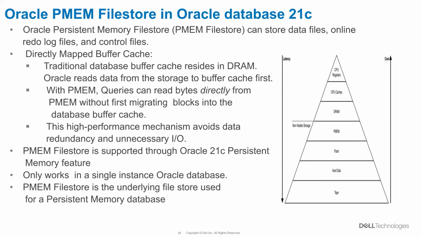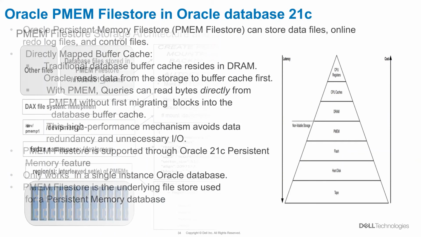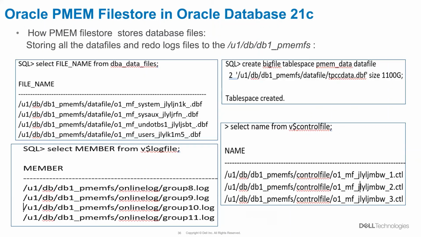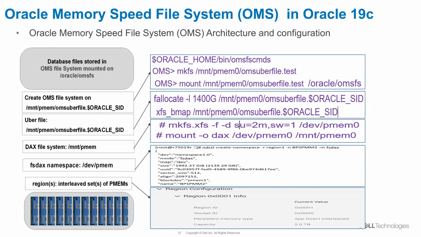So 21C implements both. So it's safe to save data in the PMem file system. Also, they implement direct mapping. But in 19C, they only implemented the first one, which is safe to store data files in the persistent memory. In this case, they call it memory speed file system.